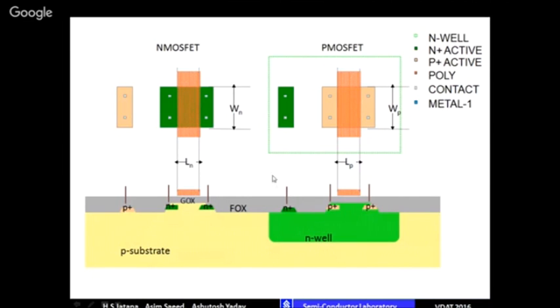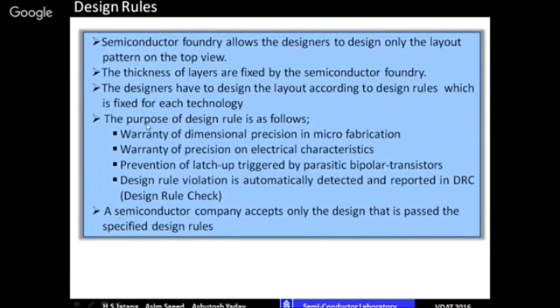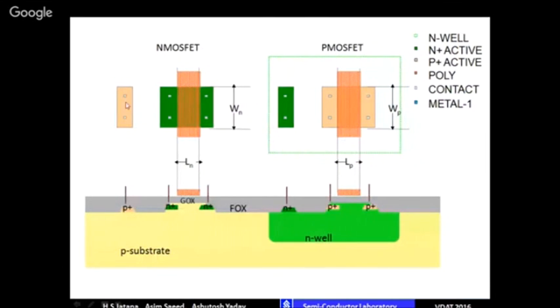NMOS and PMOS for a CMOS both have to sit together. So this is Fox. Now you see this is a P substrate. This is a P, so you have taken a P contact, P plus. You have taken a contact. These two small squares are a contact.